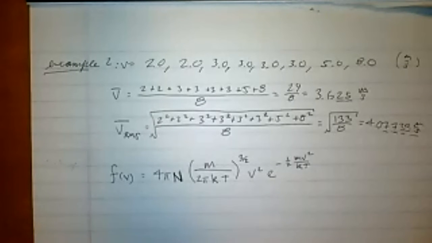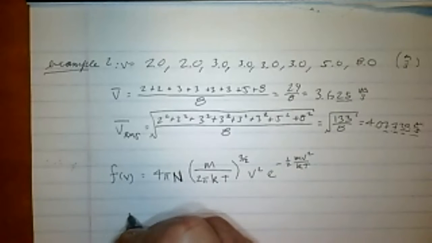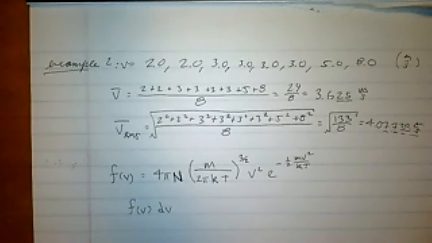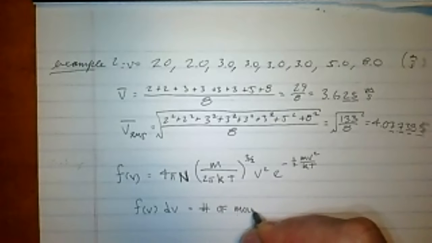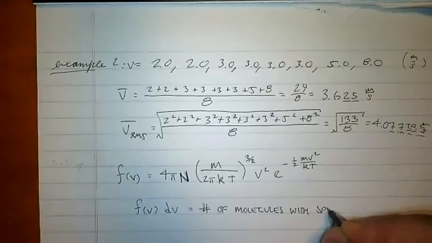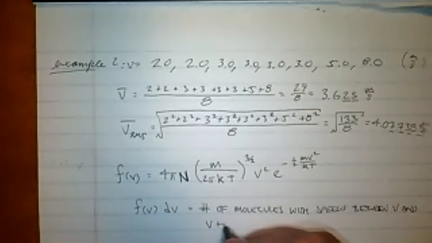So what it means is, if you multiply f of v times dv, then what you end up finding is that you get that many molecules, the number of molecules with speeds between v and v plus dv.